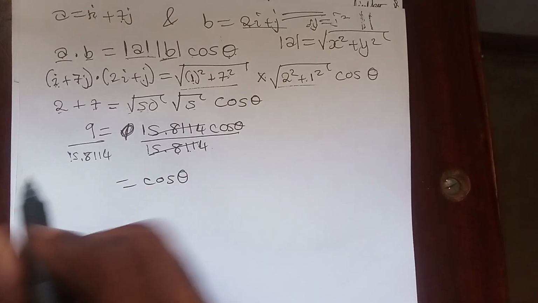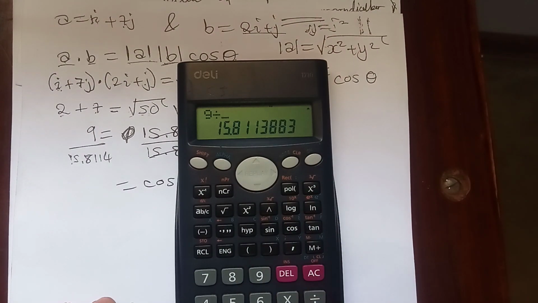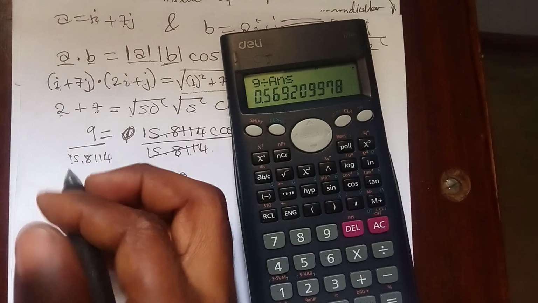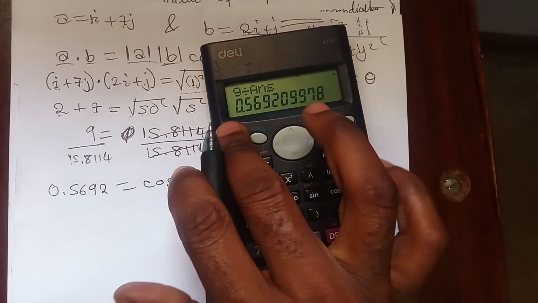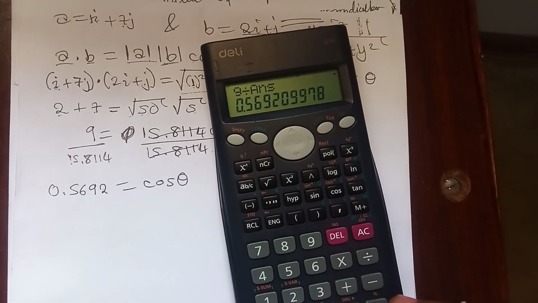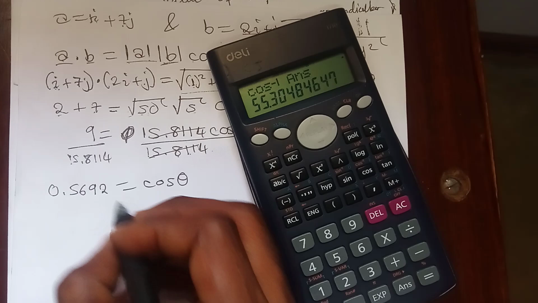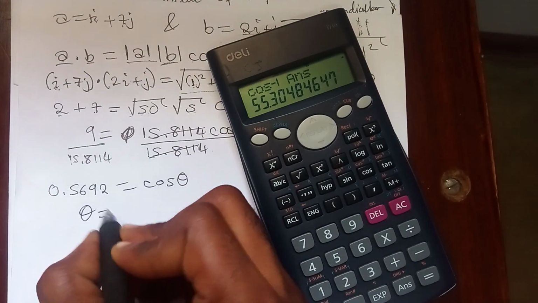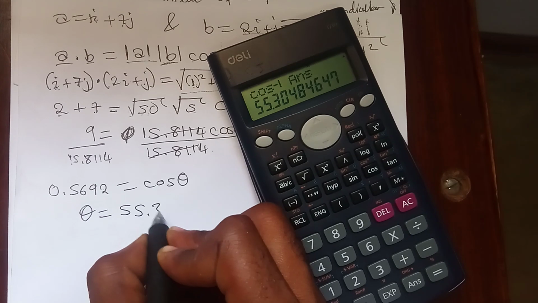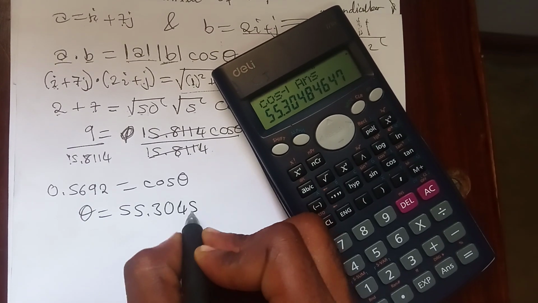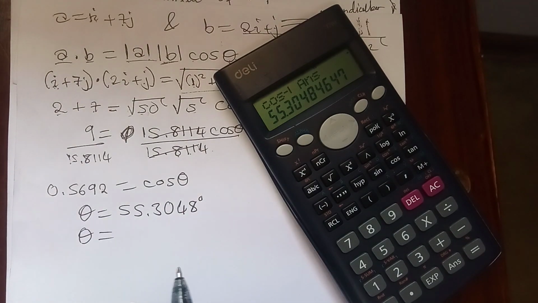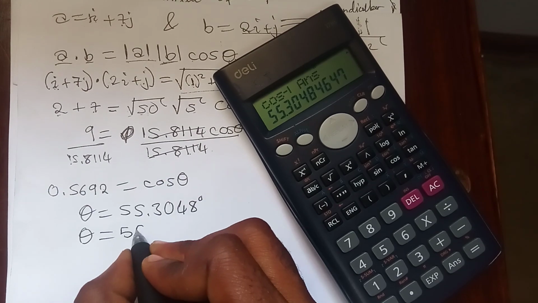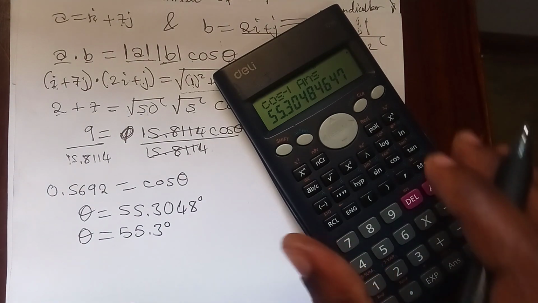We have cos theta, and then 9 divided by this is 0.5692, and then cos inverse of this, remember to keep your calculator in degree mode, so that your theta is 55.3048 degrees, and then you can round your final answer. So when you're dealing with angles in degrees, you round your final answer correct to 1 decimal place and you're done.